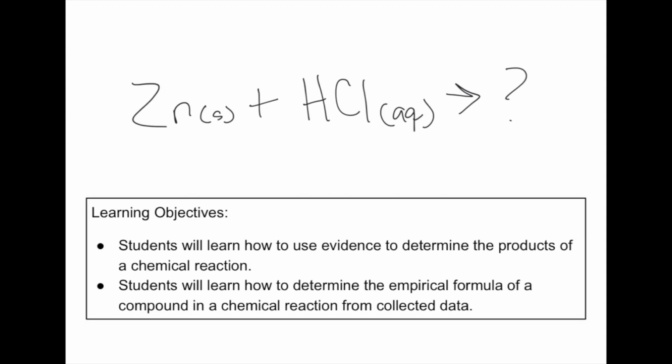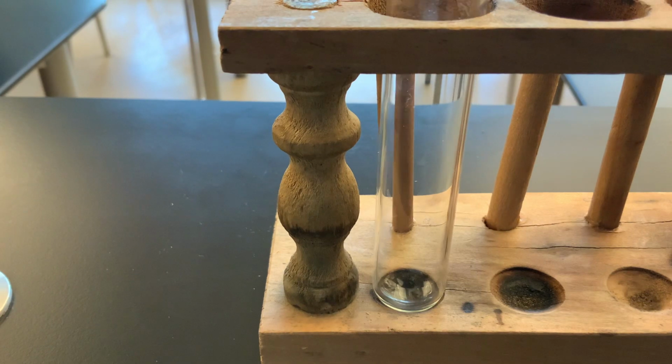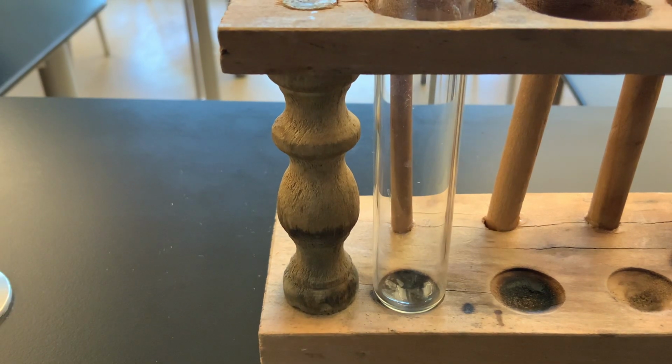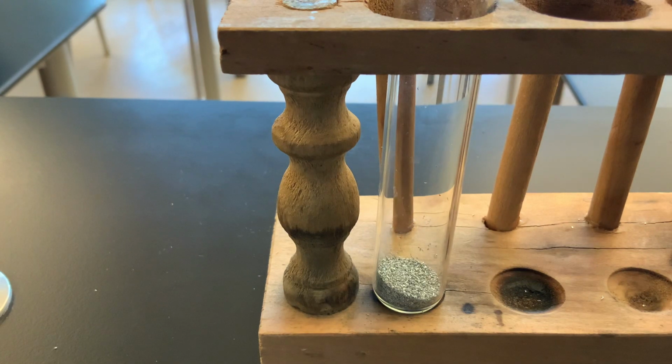reaction combine in. All right, so here I've got a test tube, and I'm just going to put a scoop full of zinc into the test tube. I'll put one more scoopful. All right.